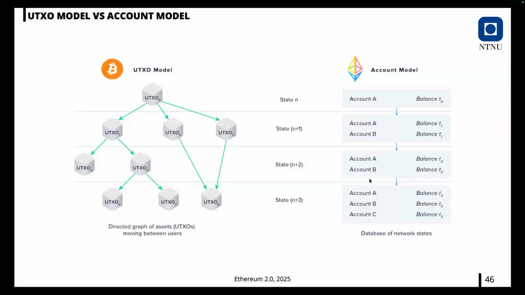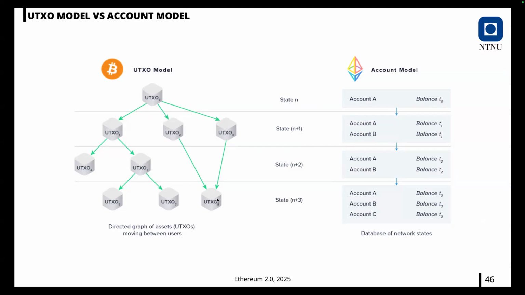So we learned about the UTXO model, and we learned that once a UTXO is spent, there is not much you can do, right? And the unspent UTXO is the current ownership of the funds. So you can own that.